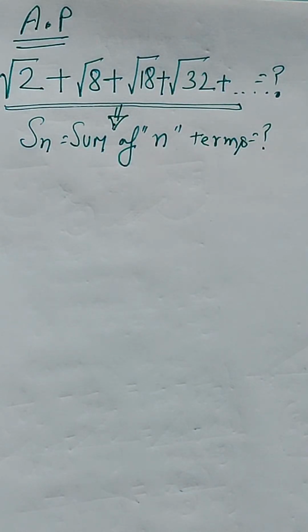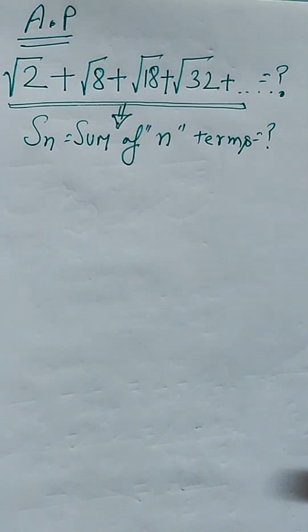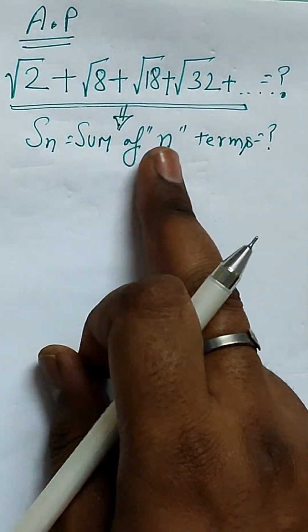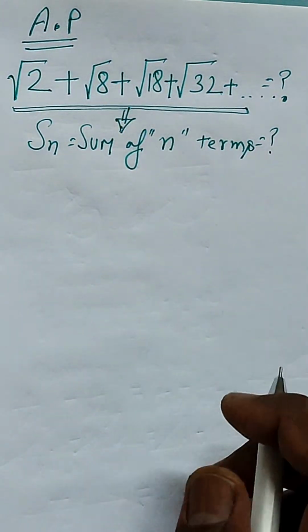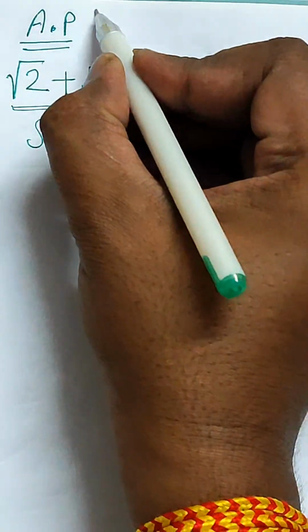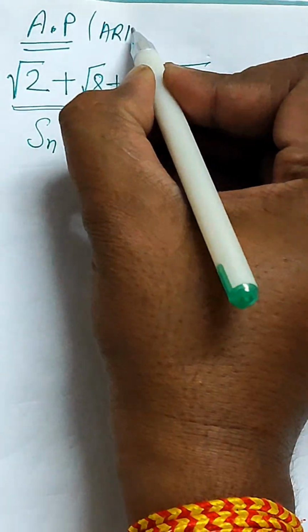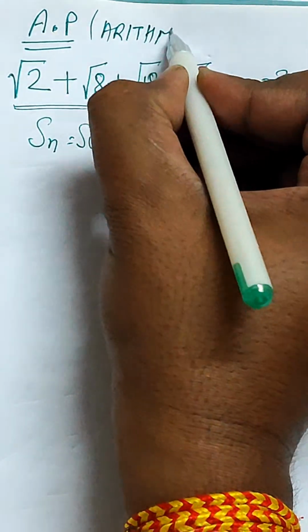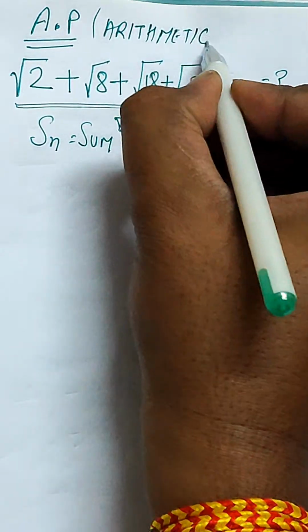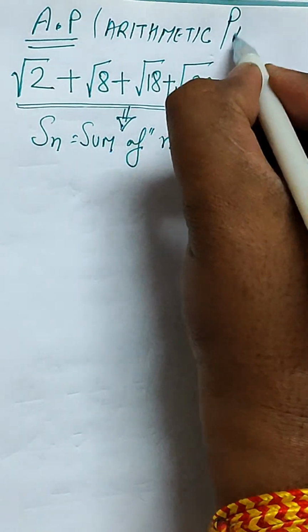Now let us do one thing, whether these are in AP or not, that we need to find. How? Let us see. I'm writing the full form of AP, arithmetic progression.